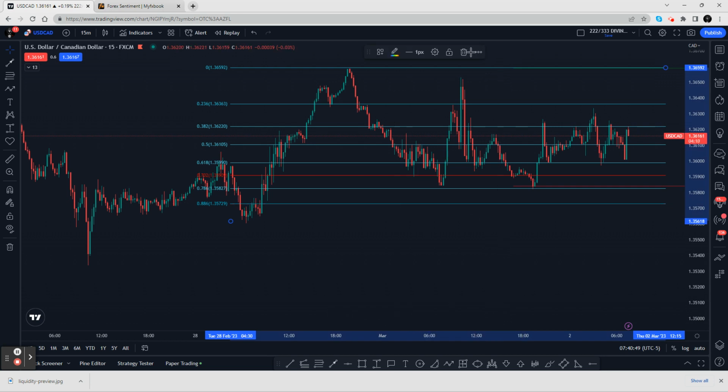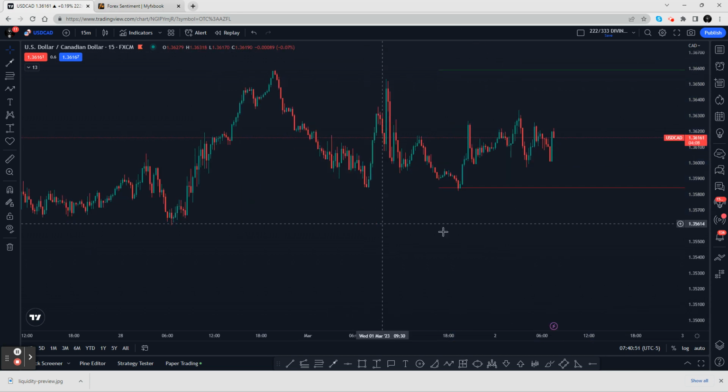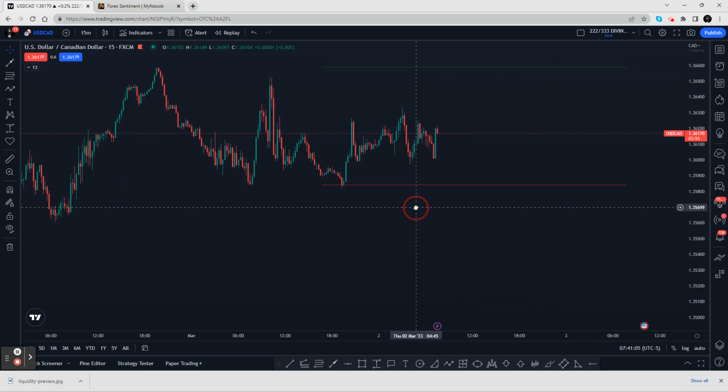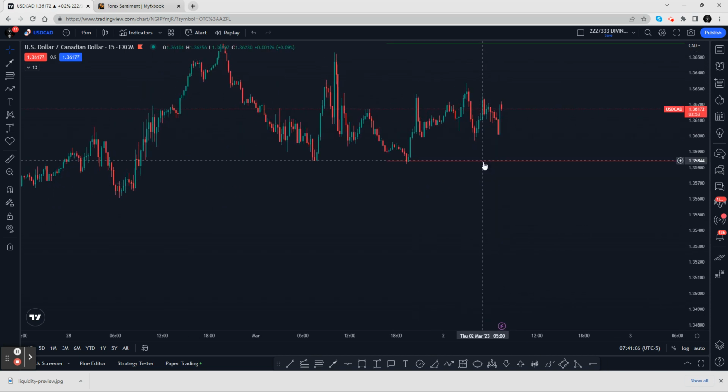But if I was to come in the market and I was actually trading this setup, I know that this was a daily low and this was the daily high, and it looks like it's tampering around in this area. And it hit it a couple of times and it's finding some support here. So for me, I will be looking for this support level to be violated, because it keeps retesting it.